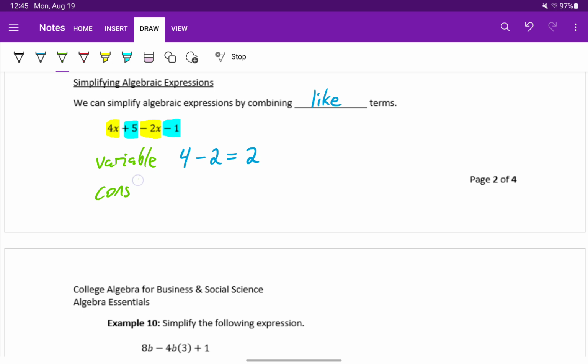For the constant terms, we have 5 and minus 1. So we have a new coefficient or a new value for our constant of 4, meaning our simplified expression in this case will just be taking those updated coefficients, which will give us 2x plus 4.